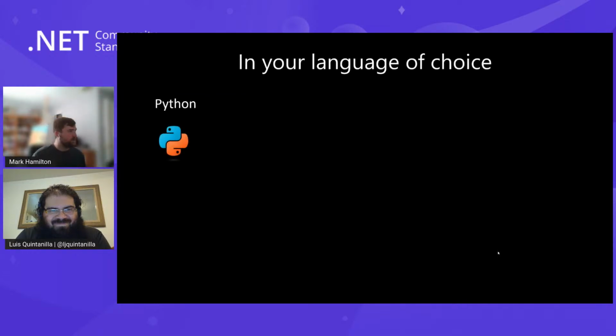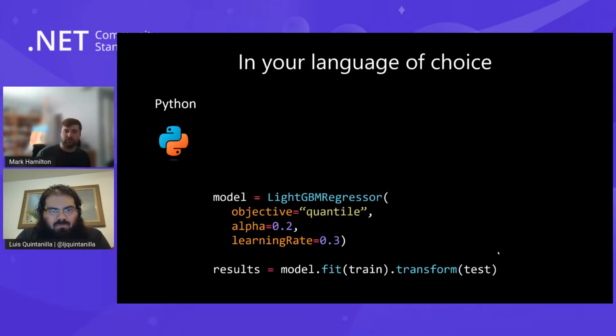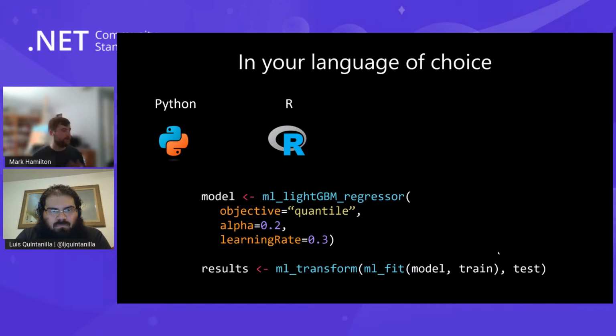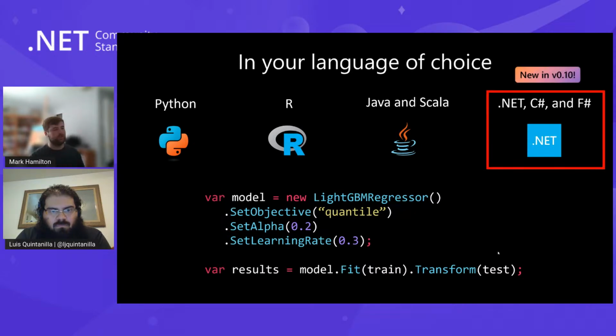And finally, I'll briefly mention that all of what you've seen here today is available in a wide variety of languages. So we support Python, R, Java and Scala, as well as .NET, C#, and F#. This particular contribution is new in the latest release of SynapseML and was contributed almost entirely by Serena Ron, who's just prolific in her ability to take on new challenges.